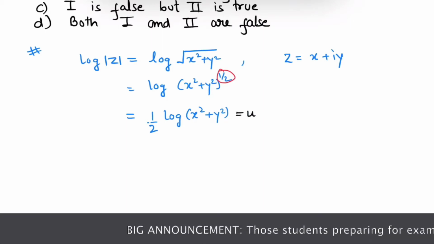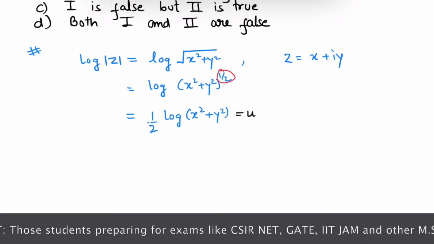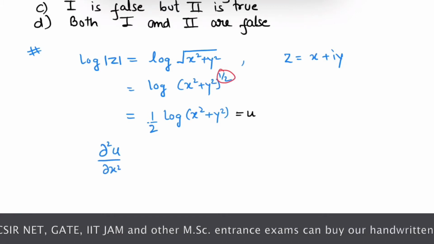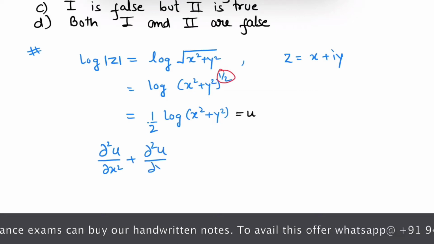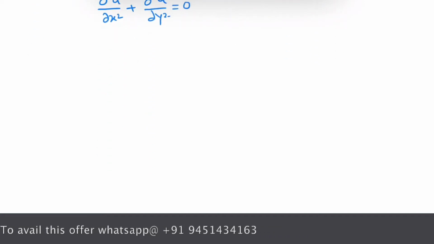If this function u is harmonic, then it will satisfy the Laplace equation, that is del square u over del x square plus del square u over del y square equals 0. Now let's find partial derivatives of function u.